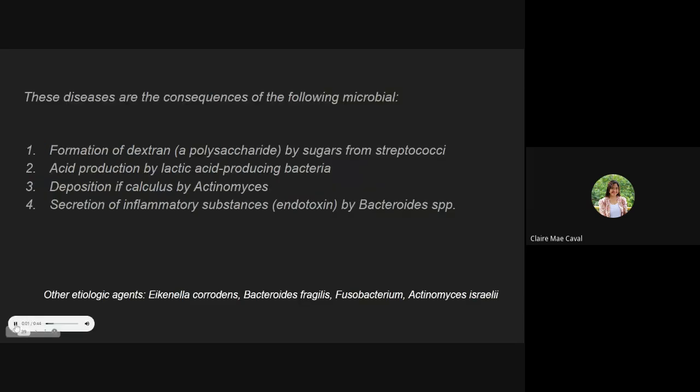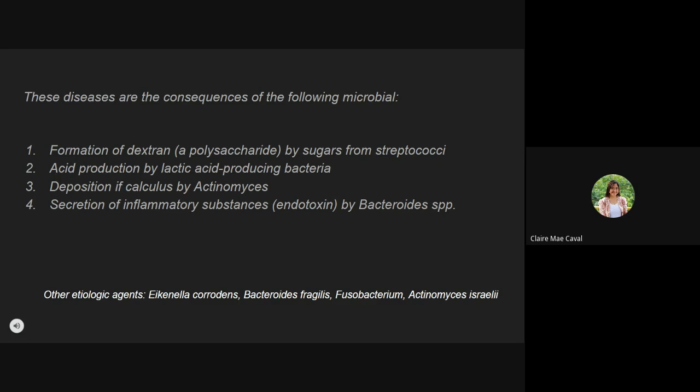So, lastly, on the oral cavity, these diseases are the consequences of the following microbial activities. Number one, formation of dextran, a polysaccharide made from sugars by streptococci. Next is acid production by lactic acid producing bacteria.